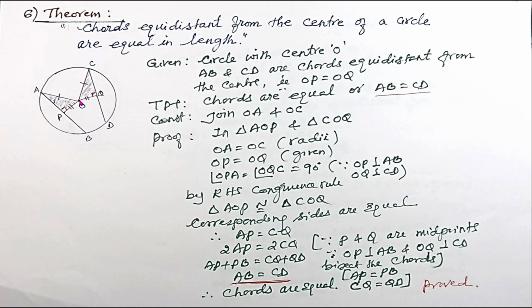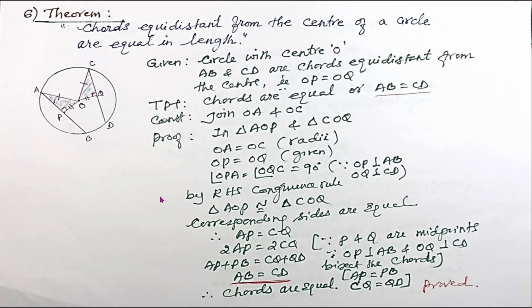As we know, the perpendicular drawn from the center to a chord bisects the chord. Therefore AP plus PB is equal to AB and Q is the midpoint of CD. Therefore CQ plus QD is equal to CD. So that is the proof, because we have proved that AP is equal to CQ, double of AP is AB, double of CQ is equal to CD, therefore AB is equal to CD, and that is the proof of this theorem.